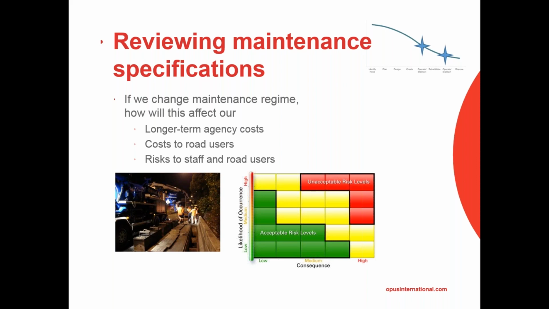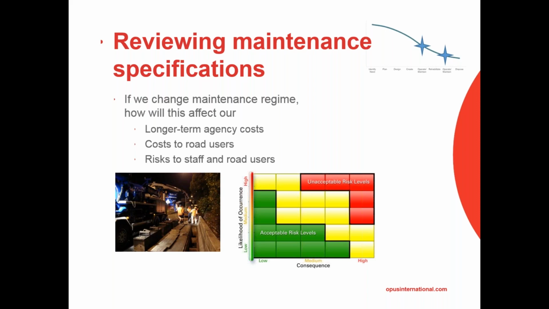Here, it was the Auckland Council, and it was their stormwater team that was looking at their stormwater treatment devices. And they found that if they changed the maintenance regime from 3 times a year to twice a year, and this was literally just an inspection regime, it affected their longer-term agency costs, their costs to road users, and their risks to staff and road users in a very minimal way.